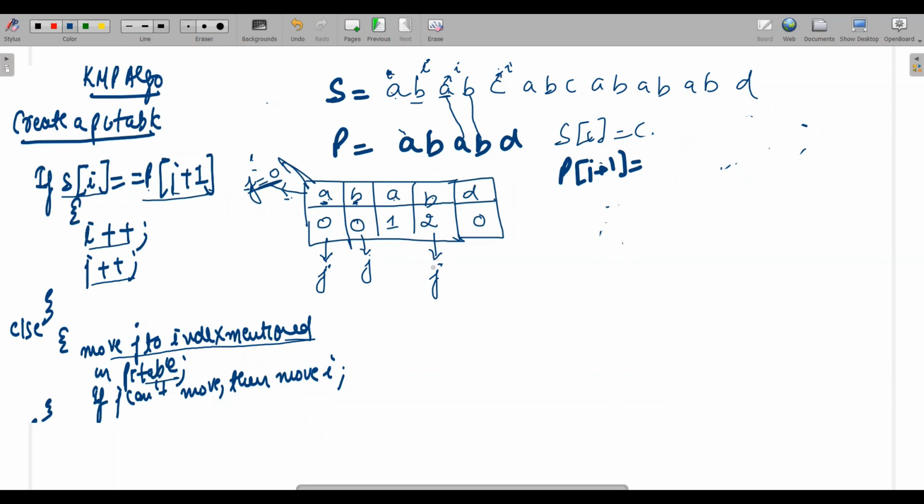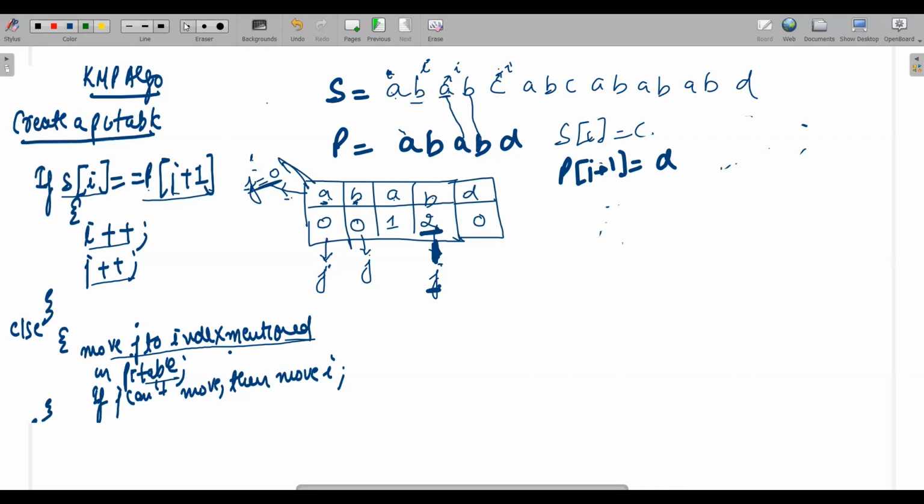J is actually pointing at this location only. So P of J plus 1 actually is D. So there is no match. When there is no match, you will move J to the index mentioned in pi table. So J is actually over here. So what is the index mentioned on pi table? This is 2. It means J should move to the 2nd location.